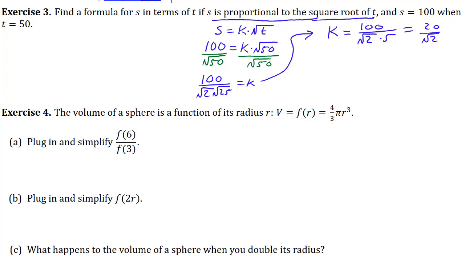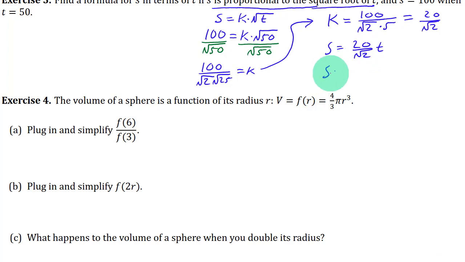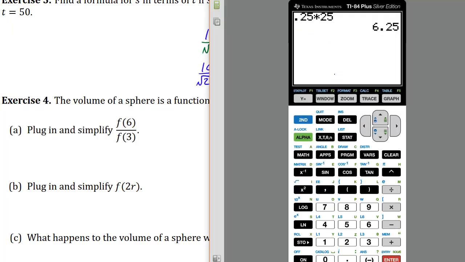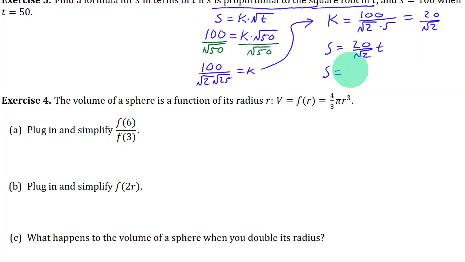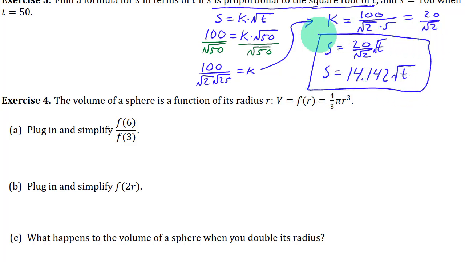So you could write this as s equals 20 over the square root of 2 times the square root of t, or you could write it as s equals 14.142 times the square root of t. Oh, sorry, this is supposed to be the square root of t. So either of these forms are fine.